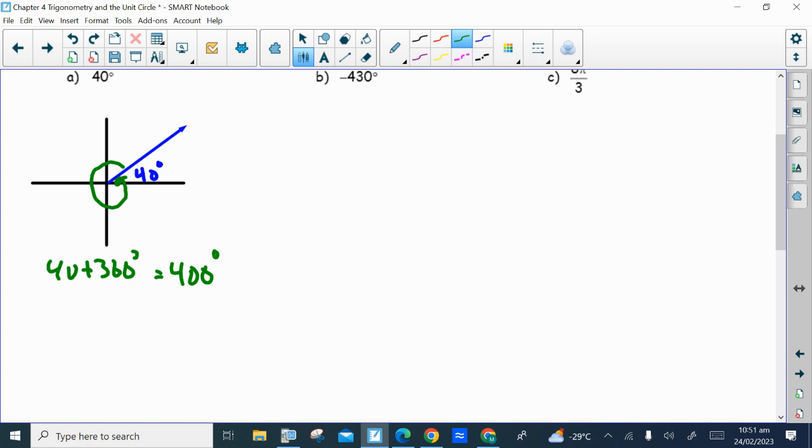And to get a negative rotation angle that's coterminal to 40, you would have to subtract 360. You'd have to go 360 degrees in a negative direction, which is a clockwise direction. So that would be 40 minus 360 degrees, which would be negative 320 degrees.